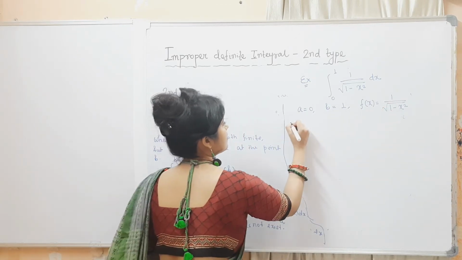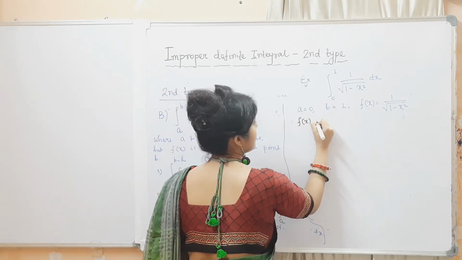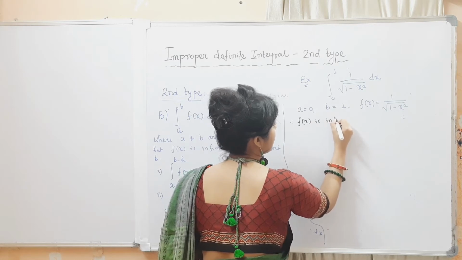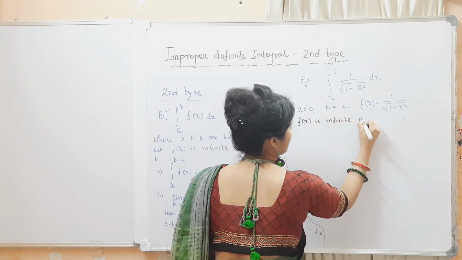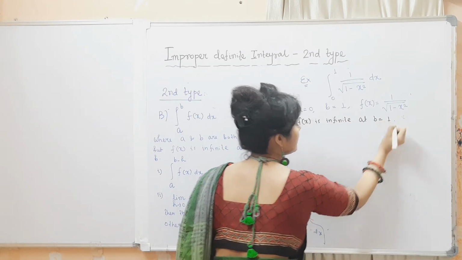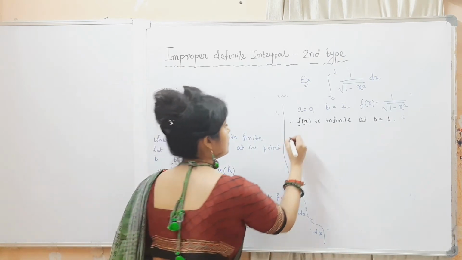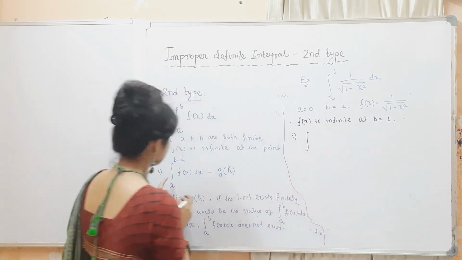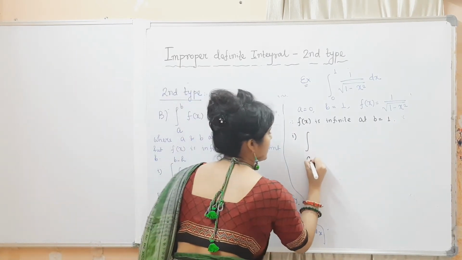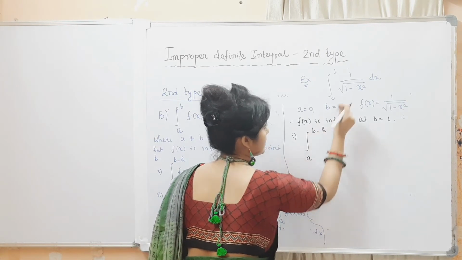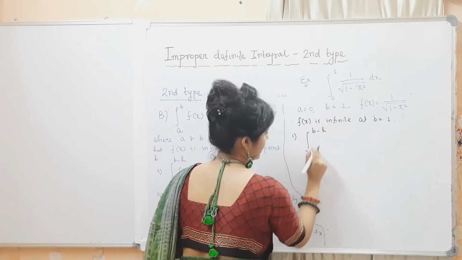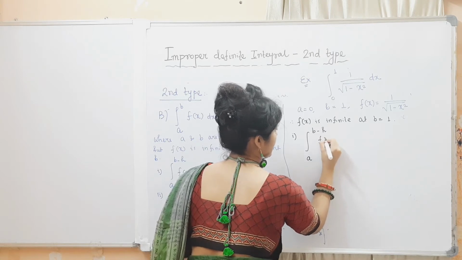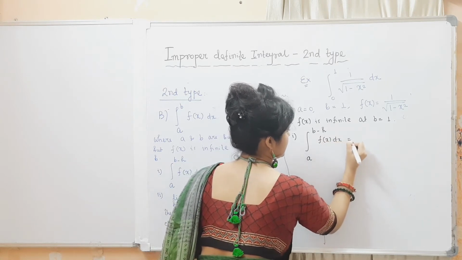So therefore the function f of x is infinite at b equals 1, clearly. So you have to introduce some h like that, and compute the integral within the limits a to b minus h of f of x dx.